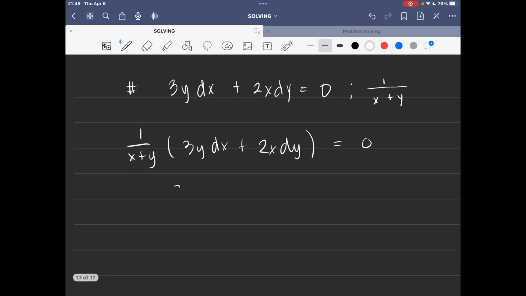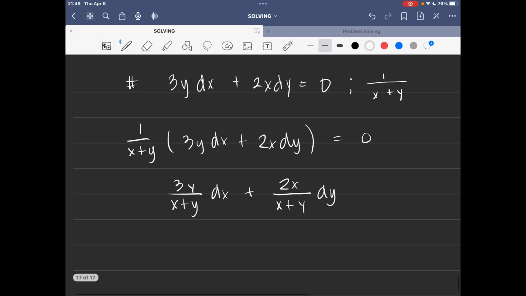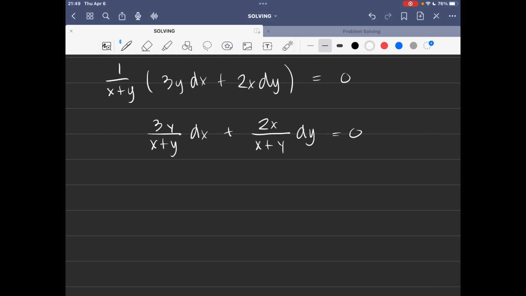So we'll get 3y over xy dx plus 2x over xy dy is equal to 0. Then we can cancel out y on one side and x on the other side. So we are left with 3 over x dx plus 2 over y dy is equal to 0.